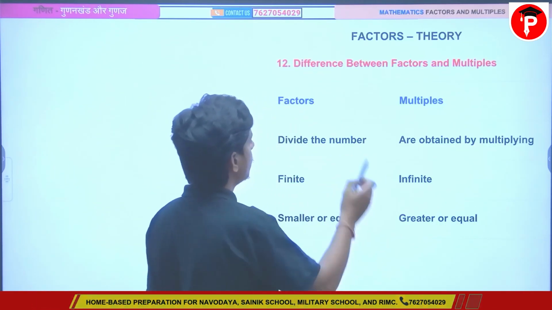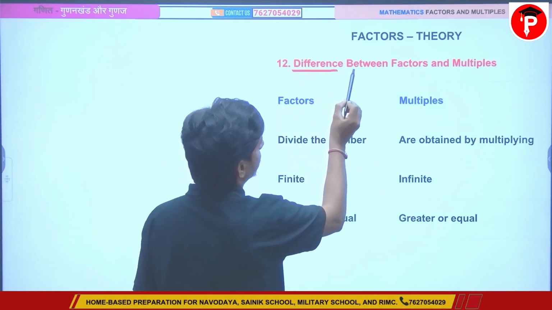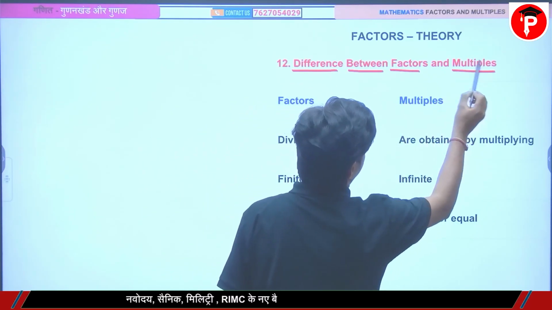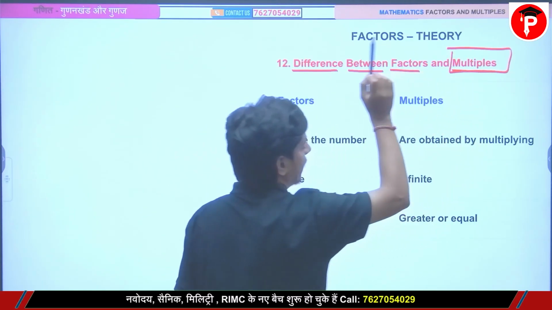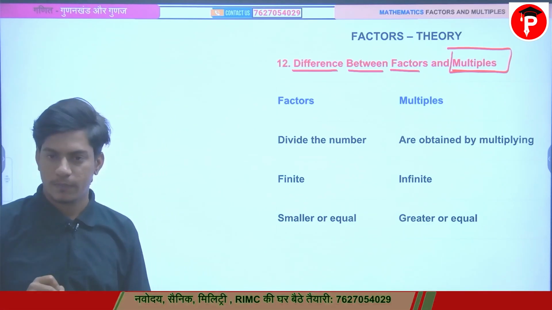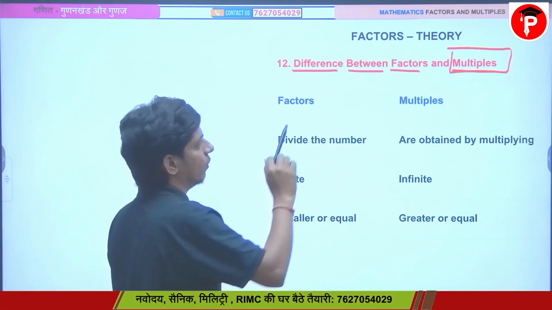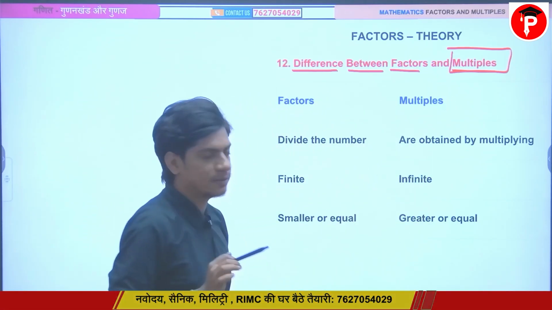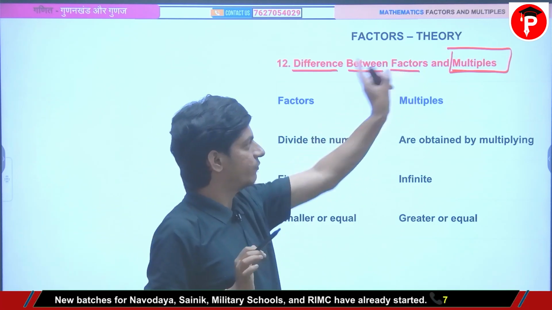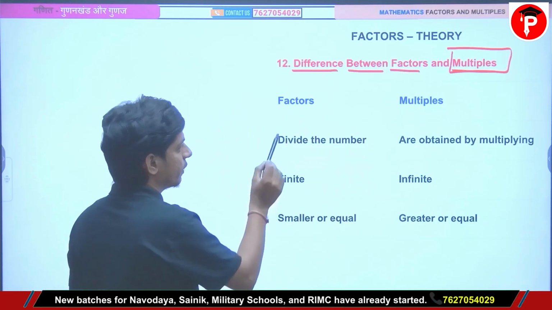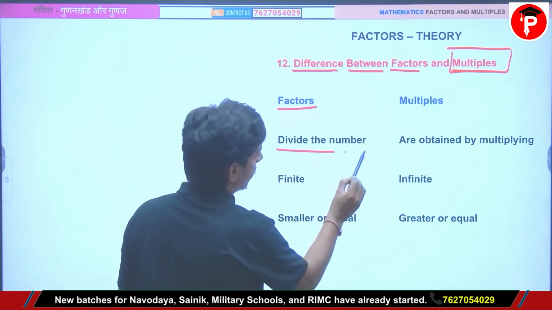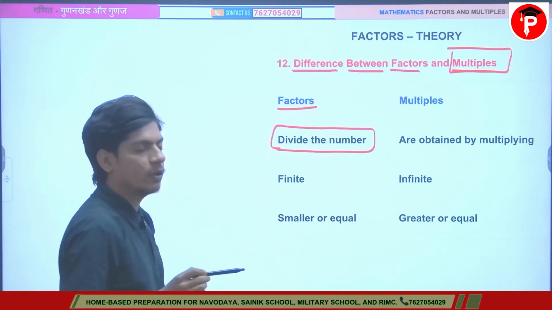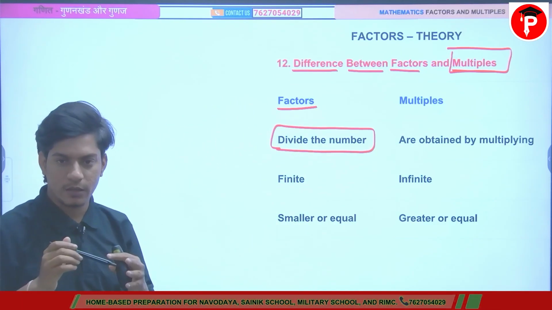Last, the difference between factors and multiples. We will talk more about multiples in the next classes. Now we are talking only about factors and multiples. The main part in this video is factors. Factors are obtained by dividing a number by another number.